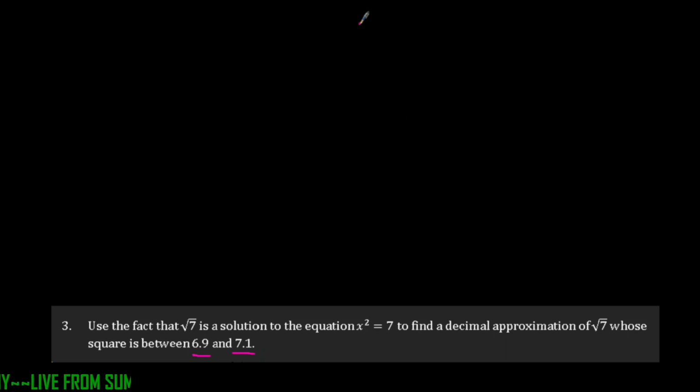I know that the square root of 4 equals 2, and the square root of 9 equals 3. So my side length is going to be in between these two numbers, and our value squared is going to be in between those two numbers.